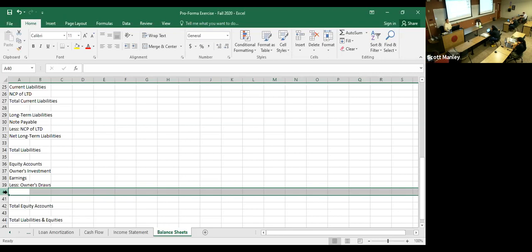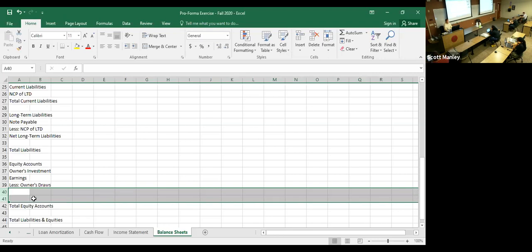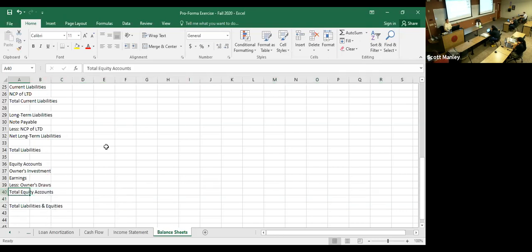Okay. This is really redundant, so I'm going to eliminate those two lines. And I'm just going to rename where I said total equity accounts to net equity accounts, because it is a net. I take my investment, I add my earnings, I subtract my draws. That's a net. And the good news is I don't have to do anything for my total liabilities and equities.